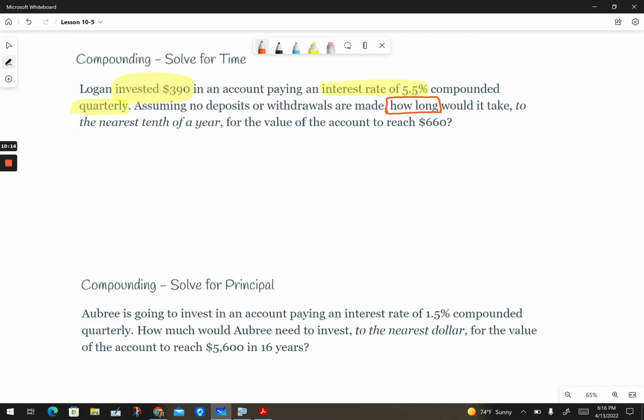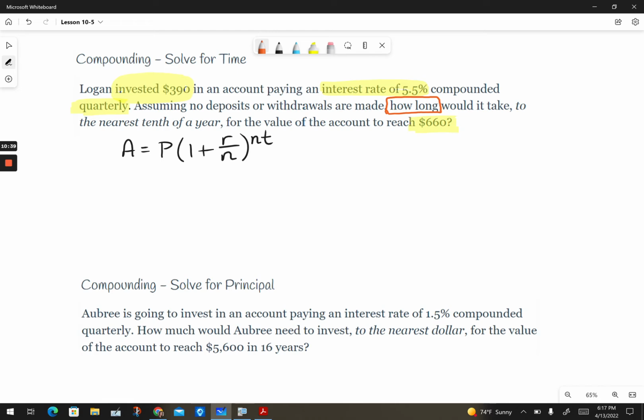So here is what we have. So again, rewriting our problem here so we have a better visual. Okay, let's go down the line and substitute what we have. So starting with A. So by the way, we're looking for T. So let's, because how long is the question? And so let's make T red.